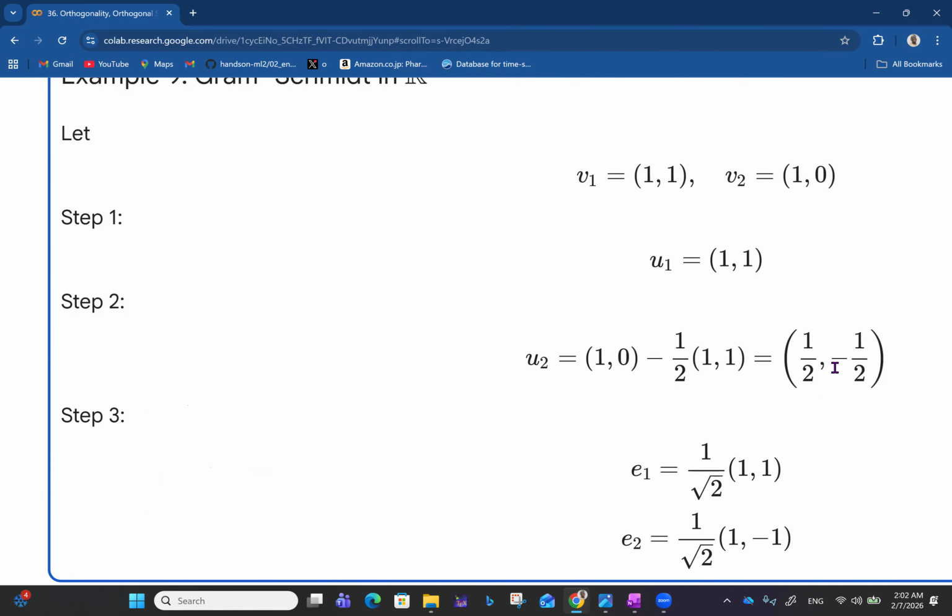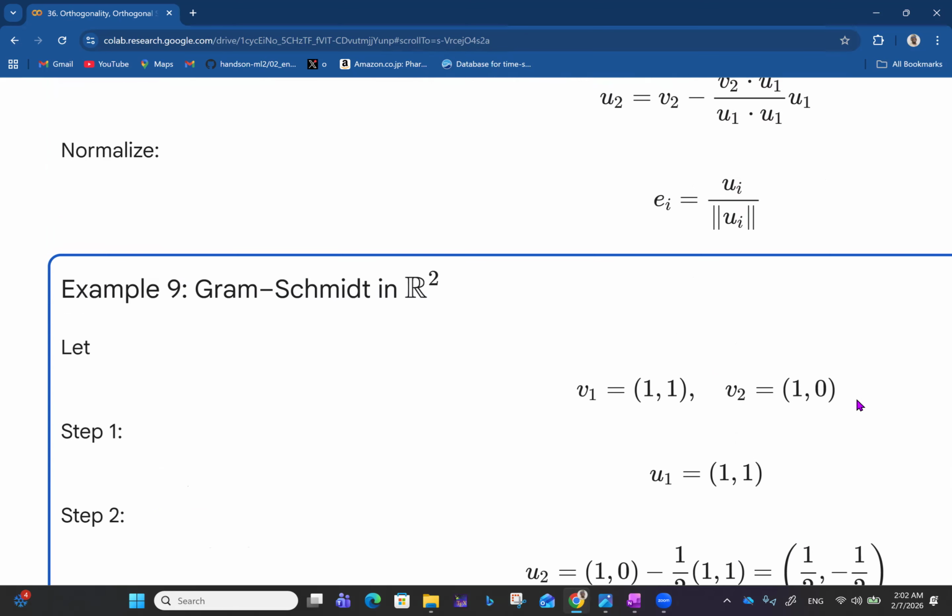So to normalize this now, this is u2. So e2 now is going to be the normalization of this one. You still have your half outside. So you normalize, right? What's that normalization again?